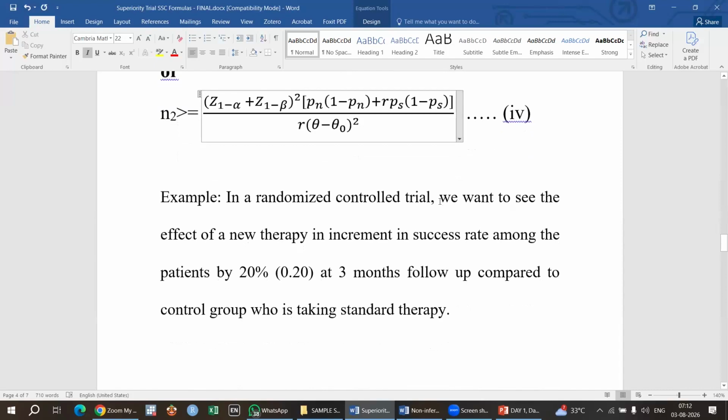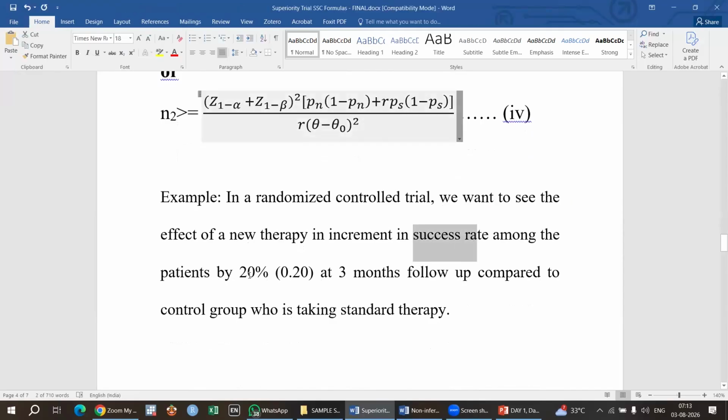In a randomized control trial, we want to see the effect of a new therapy in increasing the success rate among patients by 20%. So theta, which is Pn minus Ps, is 0.20.